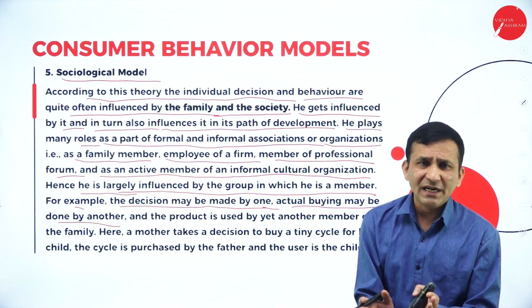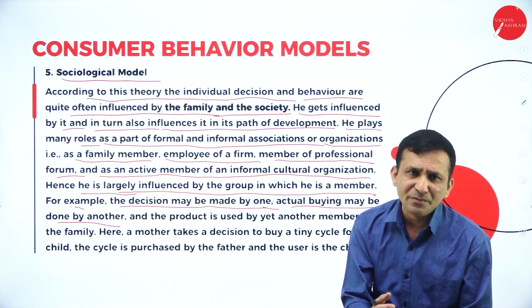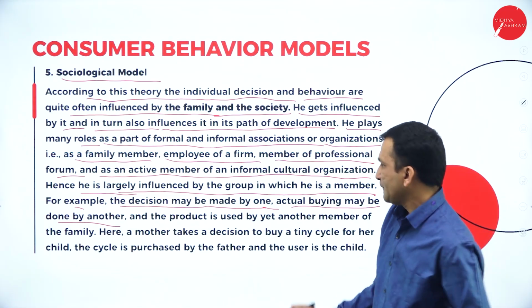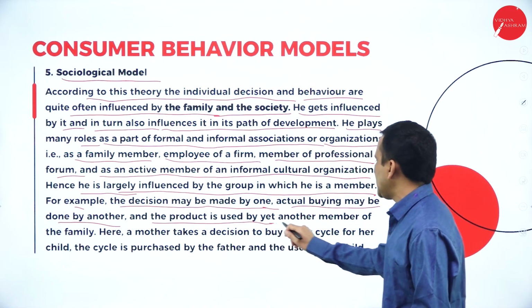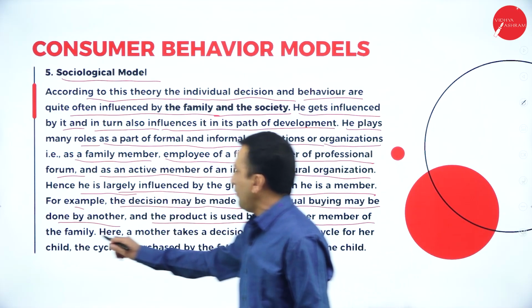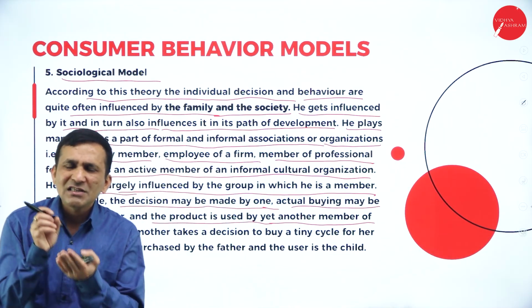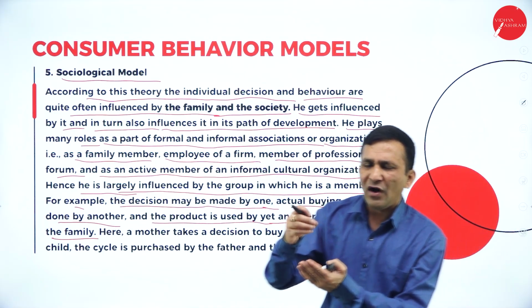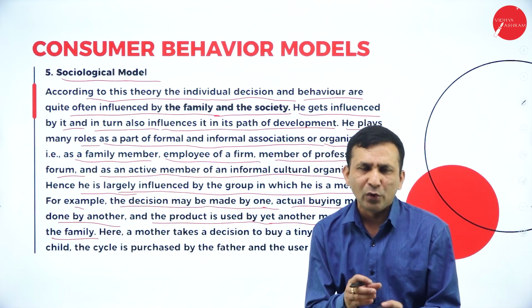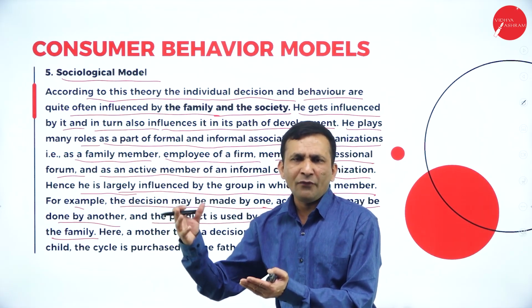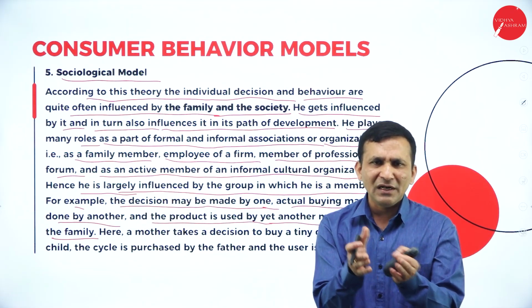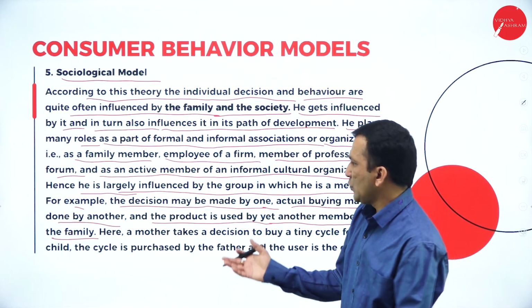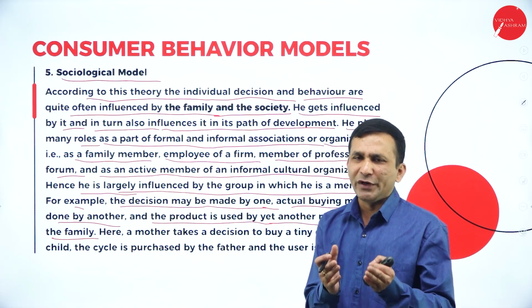So you need to study. The final decision maker you need to identify, and the product is used by yet another member of the family, because the father is providing. They are purchasing a two-wheeler for the son, so the father is the real purchaser here. You can say the decision maker is the father, and the father is fulfilling the son's requirement. Of course, as a marketer you need to study this.